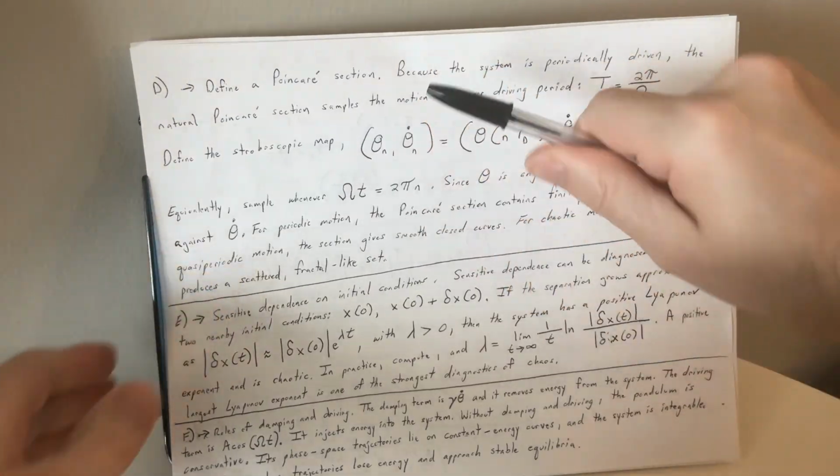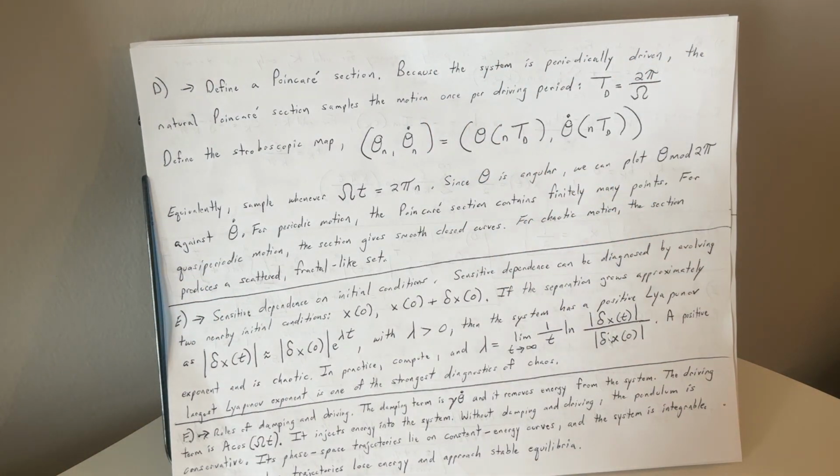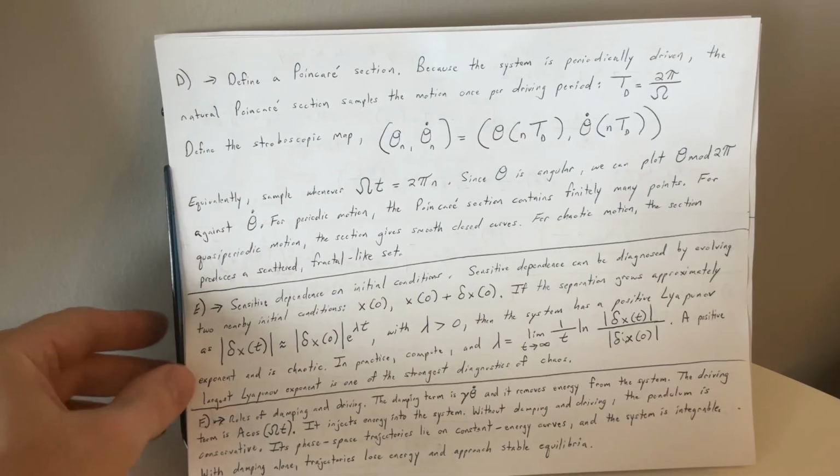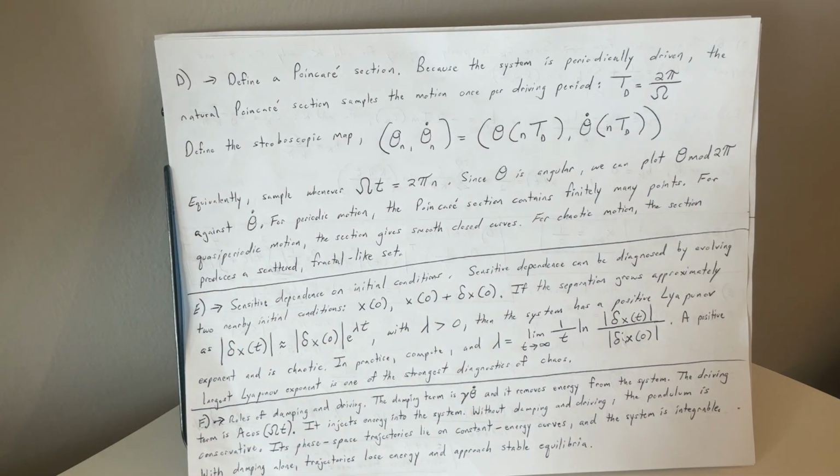For part D, we want to define a Poincare section, and because the system is periodically driven, the natural Poincare section samples the motion once per driving period, T sub d equals 2 pi over capital omega.